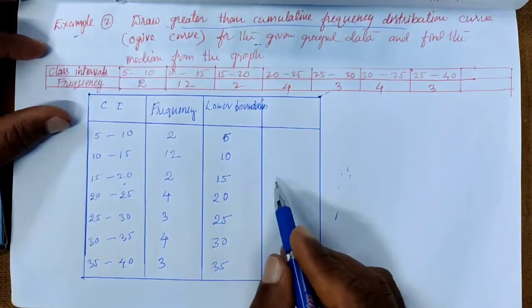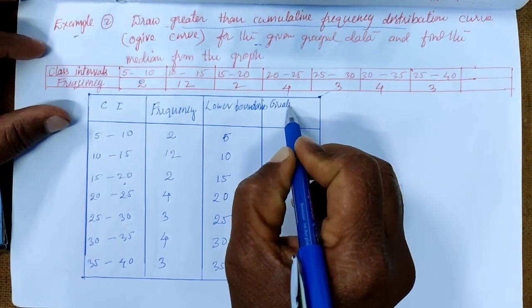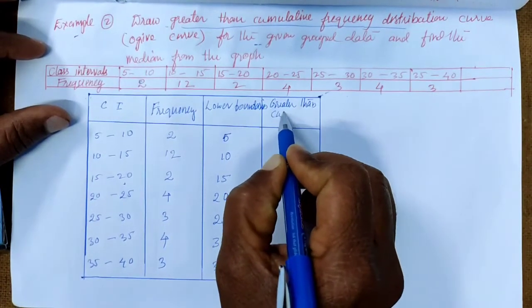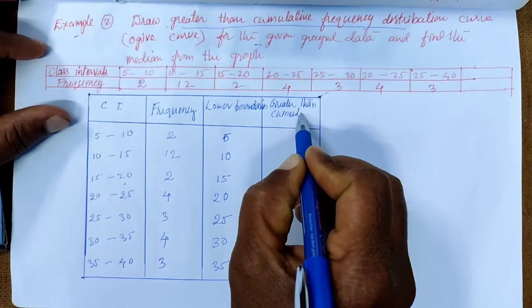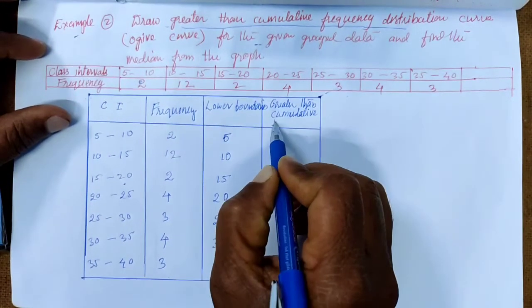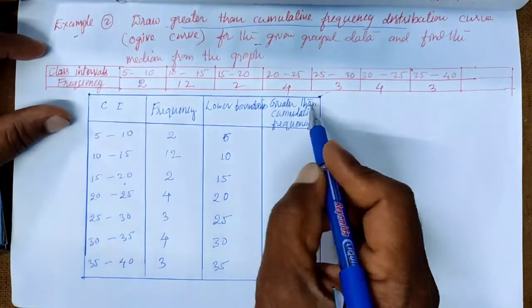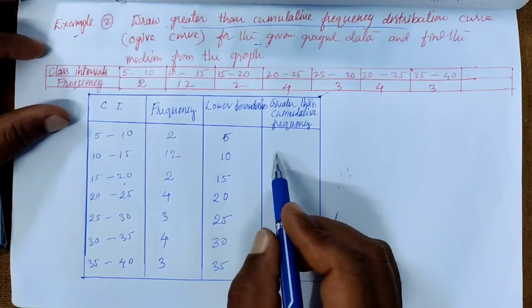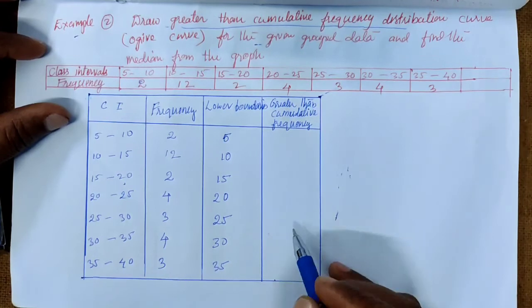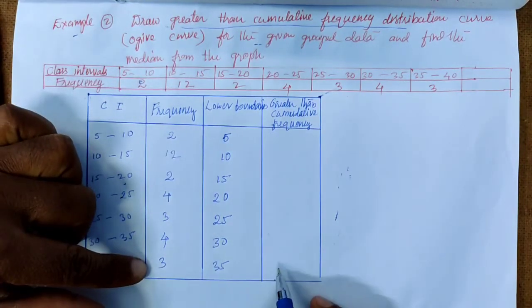Now we have to take the greater than cumulative frequency. How do we write it? Write this frequency 3.